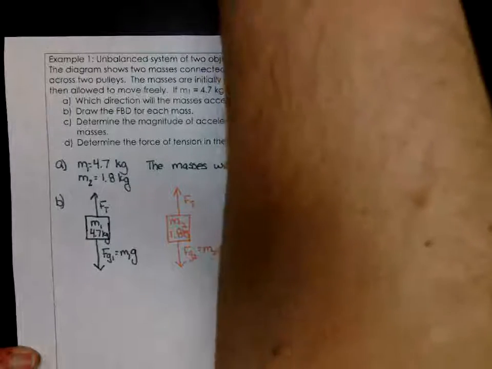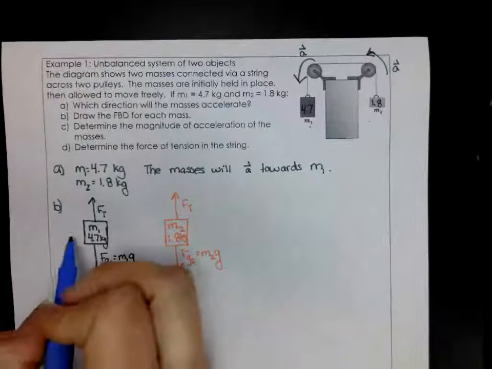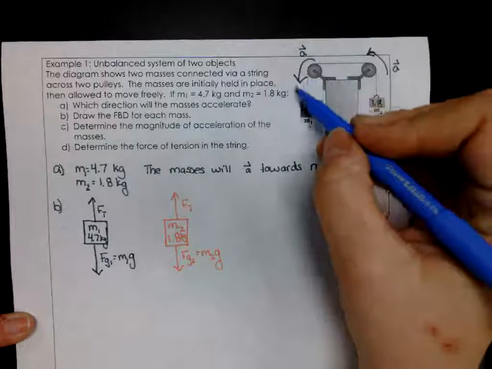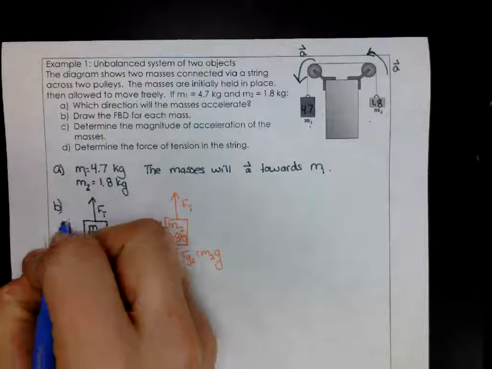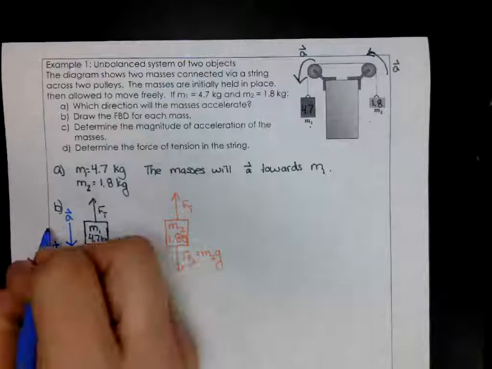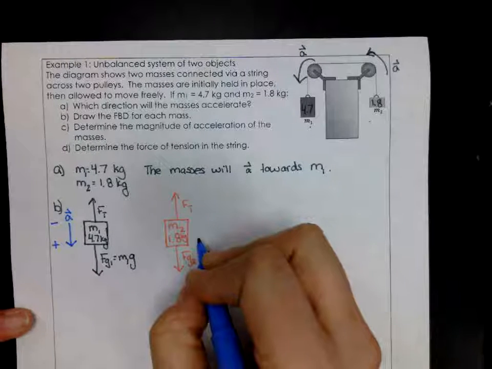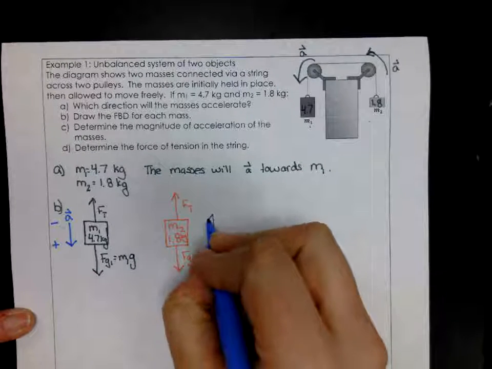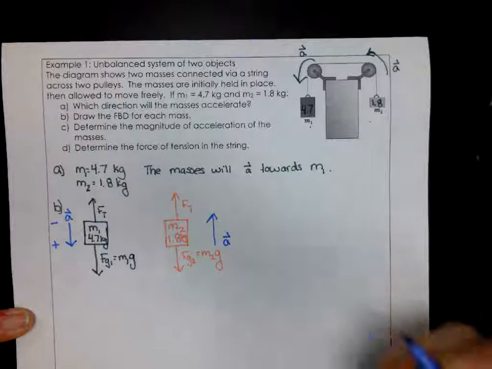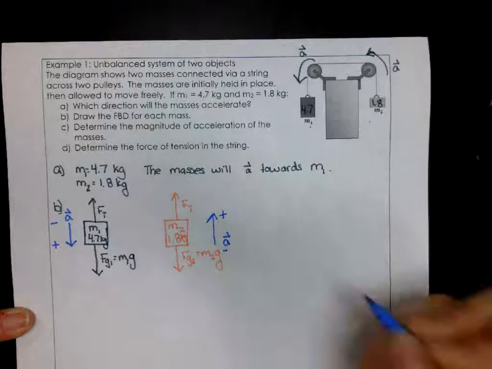For both of these diagrams, let's label which way our acceleration is going. On this first one, we said in part A that it was going to accelerate down. So acceleration is down, so down is going to be positive and up is going to be negative. For this second one, acceleration is up, so up is going to be positive and down is going to be negative.